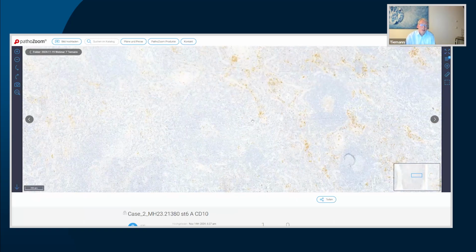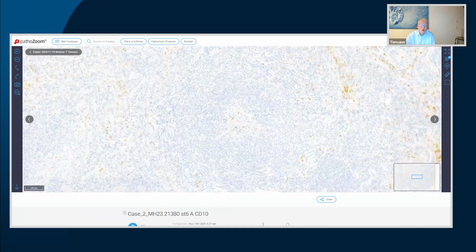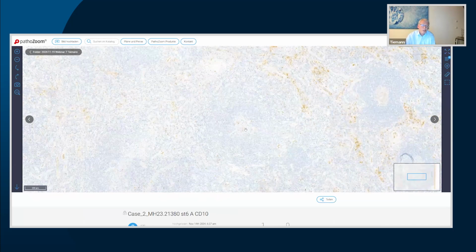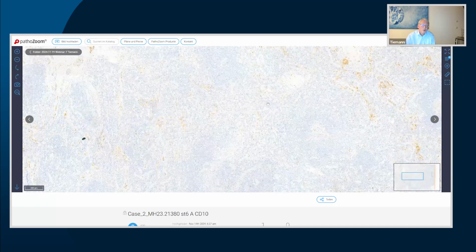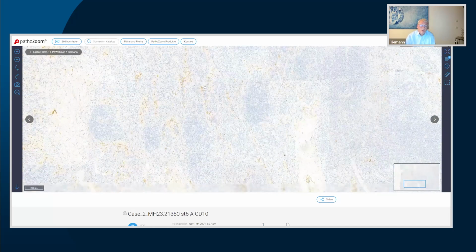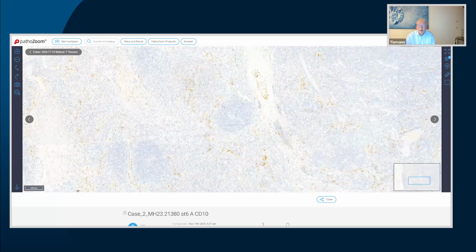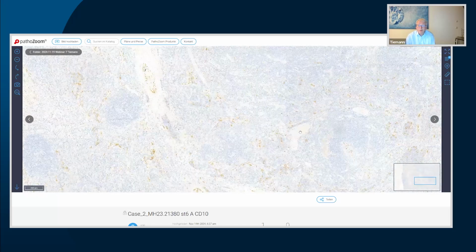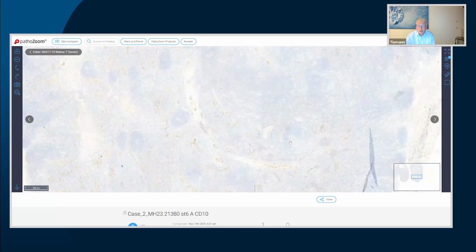Granulocytes are positive, but here, more or less no, or only some follicular center cells, follicular center blasts, only a few. And also the other germinal centers have decreased numbers of CD10 positive cells.